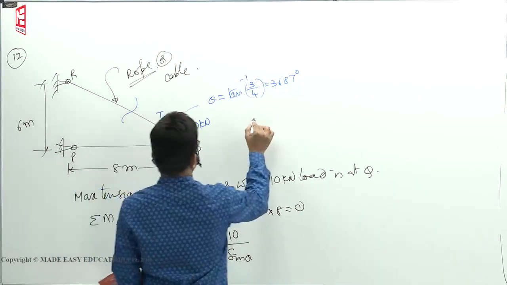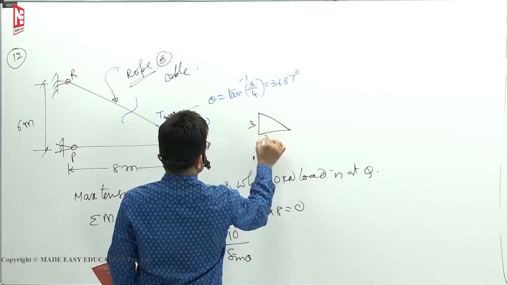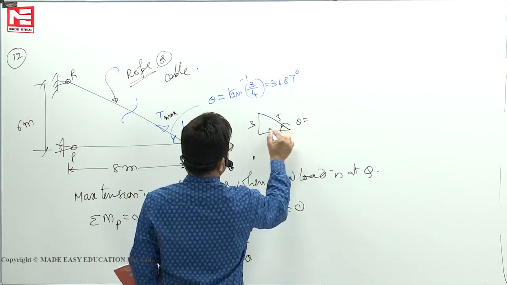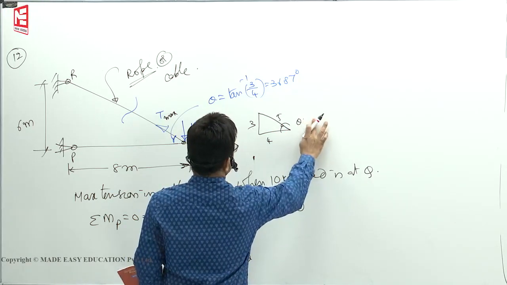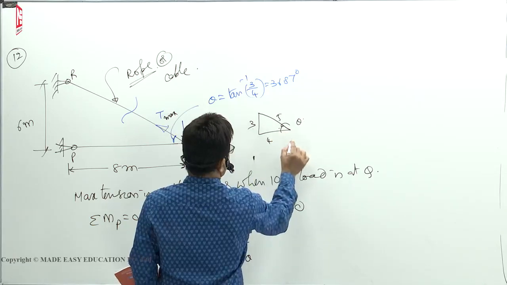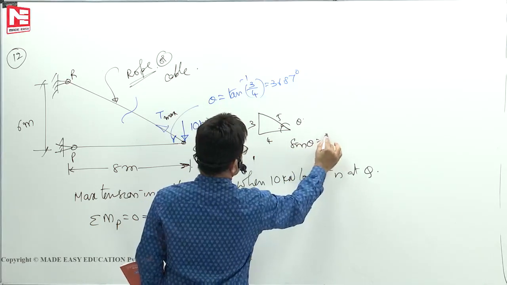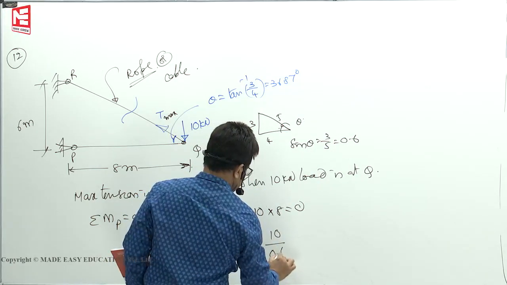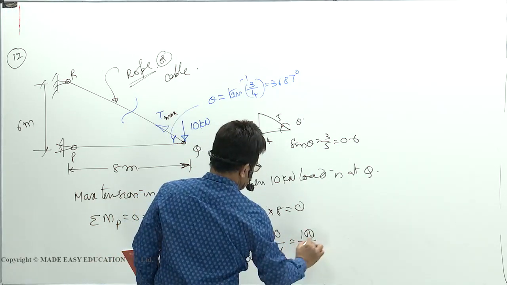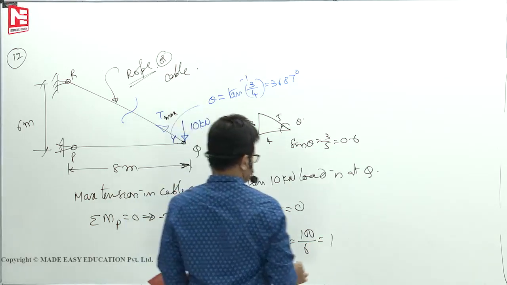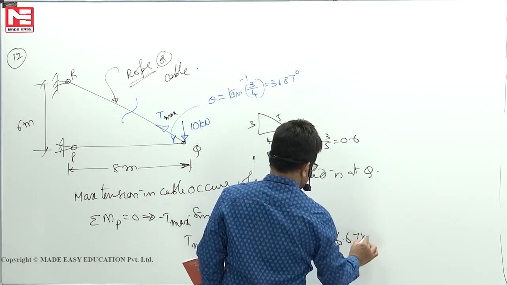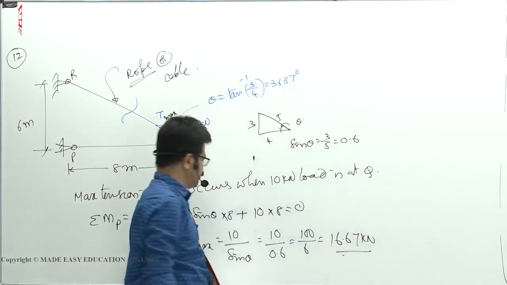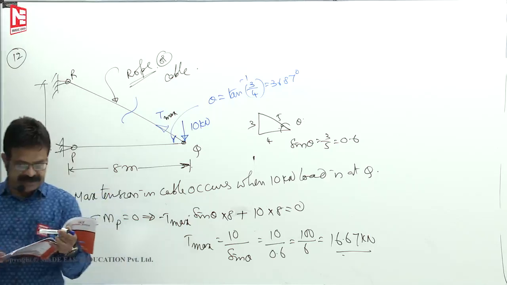Sine theta how much? This is 3, 4 let us say. This is theta. Tan theta means 3 by 4. So sine theta is 3 by 5, 0.6. So 10 by 0.6, 100 by 6, 16.67 kilonewton. So like that.